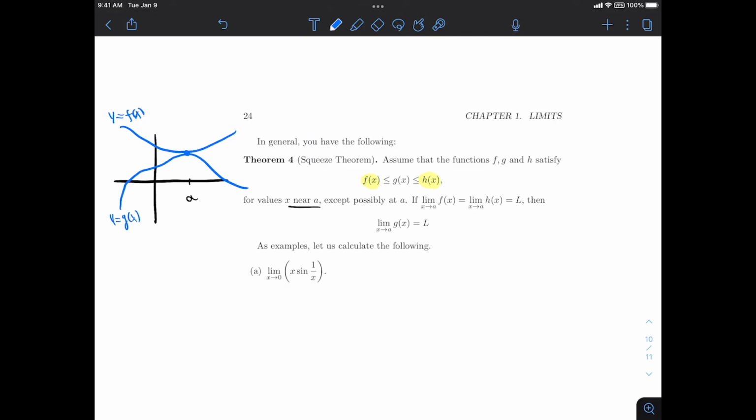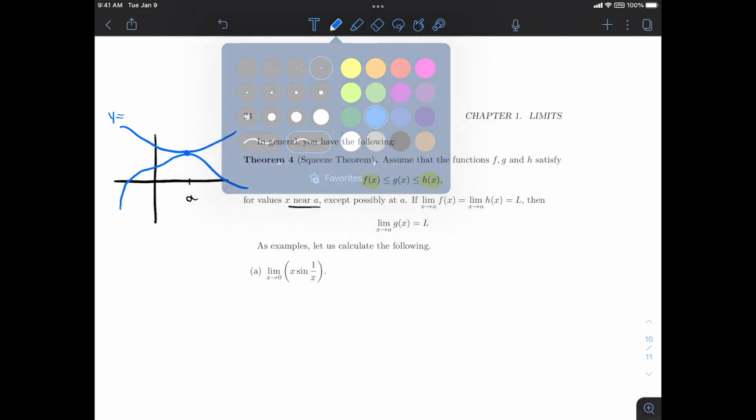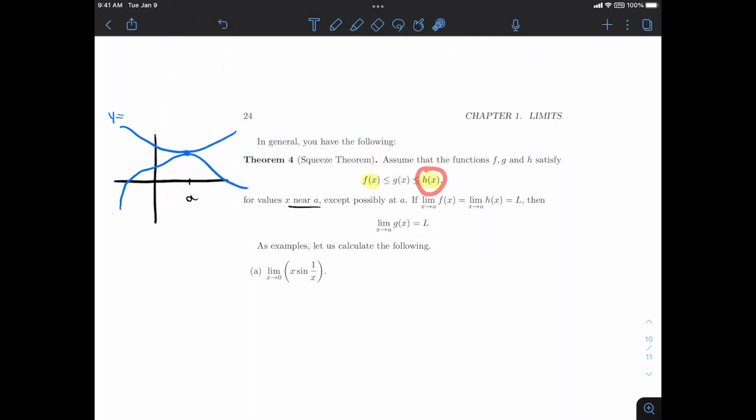Let me correct that. H is the top one, and f is the bottom one. And now in green we draw g.